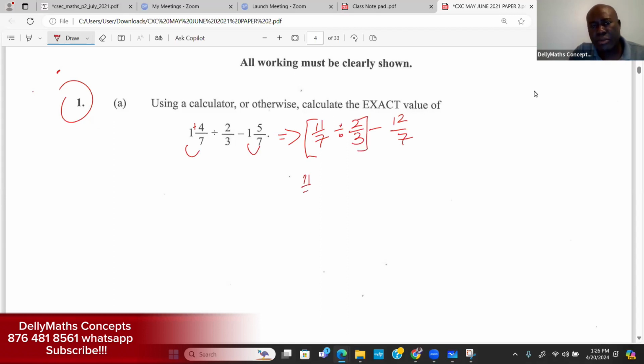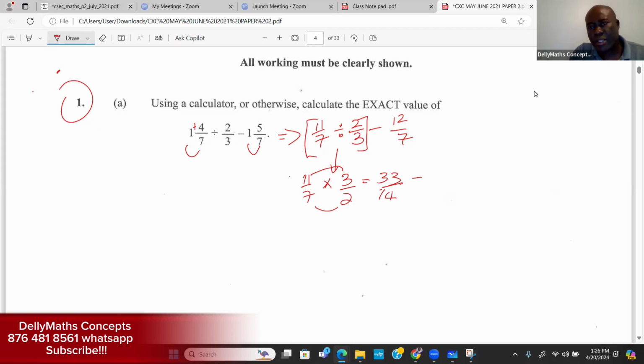So when we divide, we normally change the division to multiplication, and then we reciprocate the fraction that comes at the back. So this is 3/2. If there isn't anything that can be canceled, like right now, this is 33/14, meaning 11 times 3 and then 7 times 2.